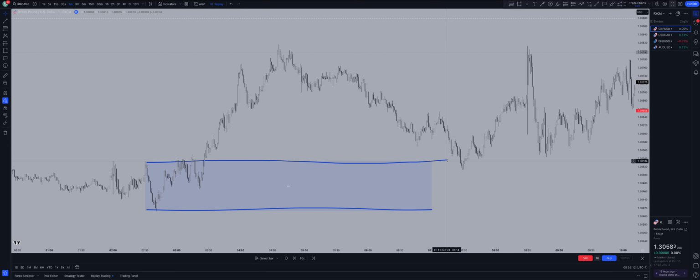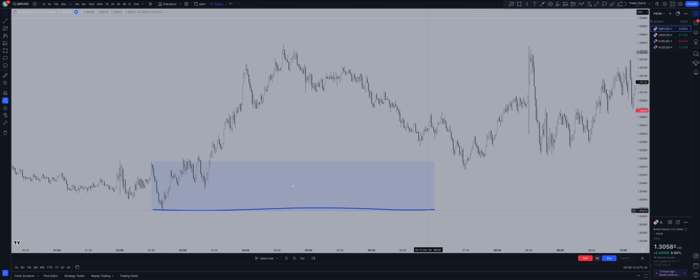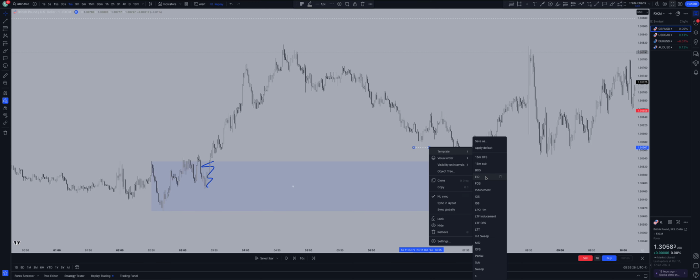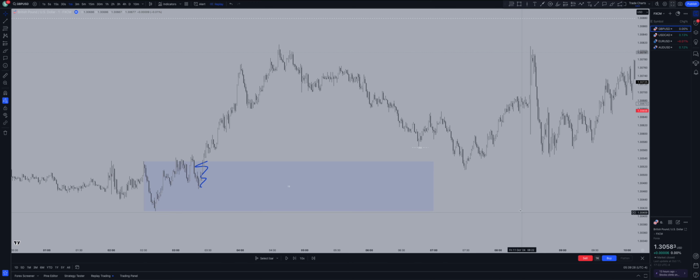So price came in. Let's erase this. Price came in. There is no refinement or anything like that we came into. Price did sweep liquidity right here. We did get some EID created. That's engineered inducement.